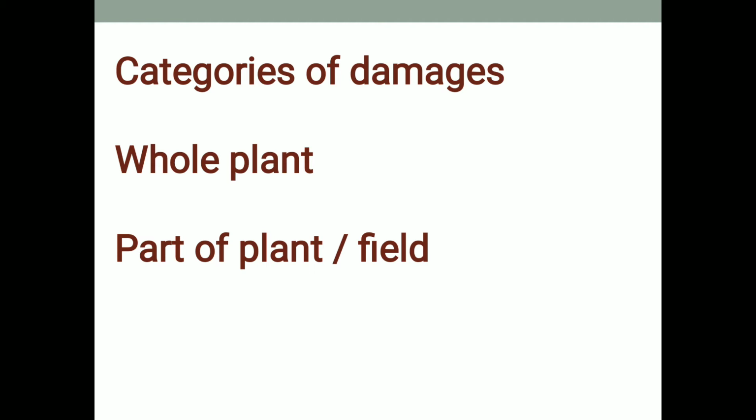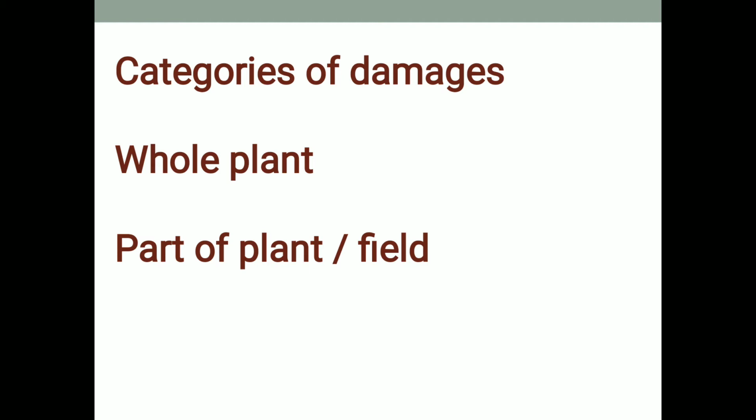For example, some of the leaves, tillers, stem, branches or fruits are affected, whereas in the case of the whole plant, all parts of the plant are completely damaged. So depending on the part of the plant affected, it is categorized into two categories: whole plant infected, or only a part of the plant or field infected.